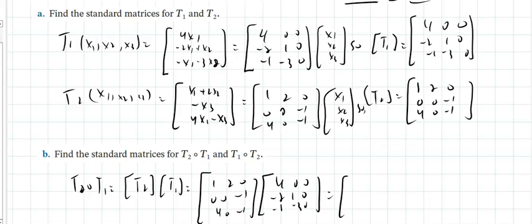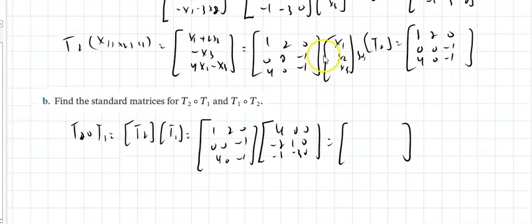And that would be 4 minus 4 plus 0, that's 0. That will be 0 plus 2 plus 0, that's a 2. 0 plus 0 plus 0 is a 0. 0, 0, 1.